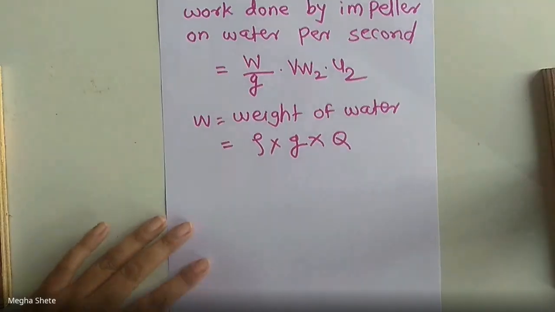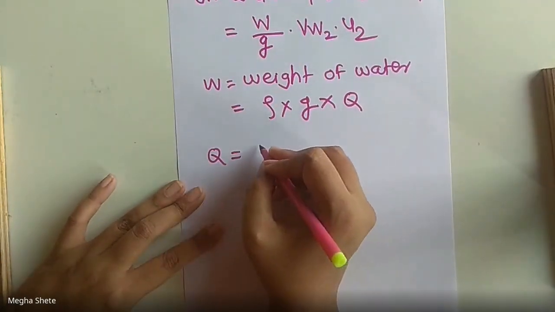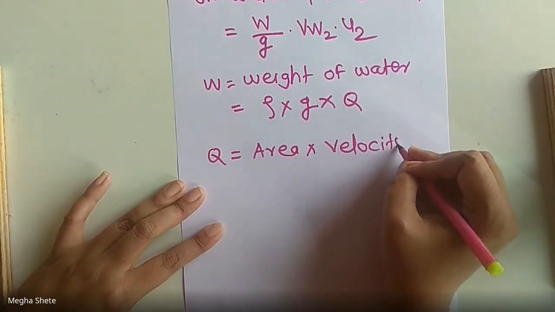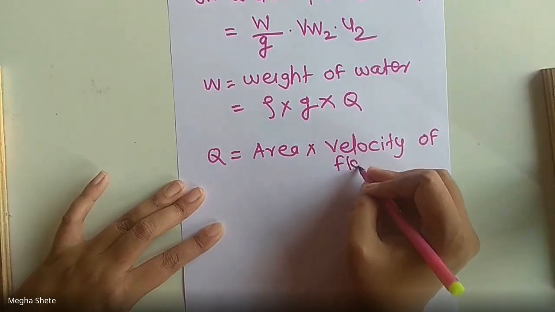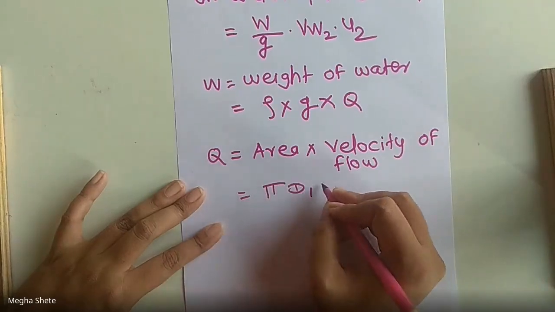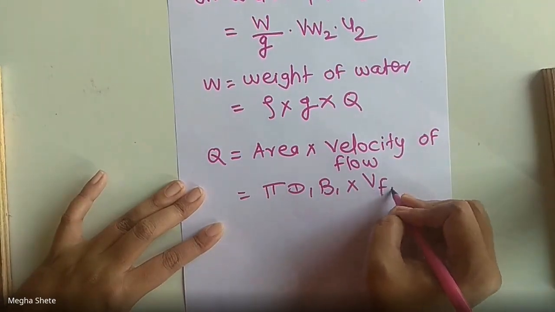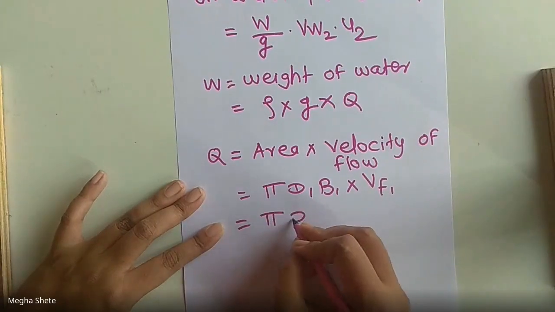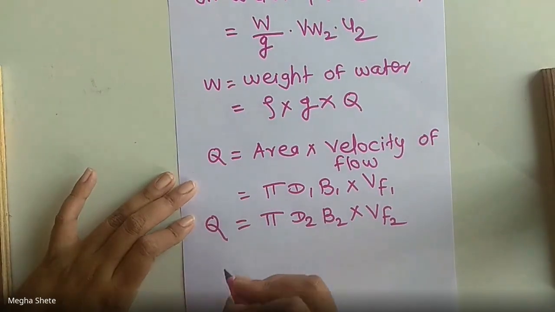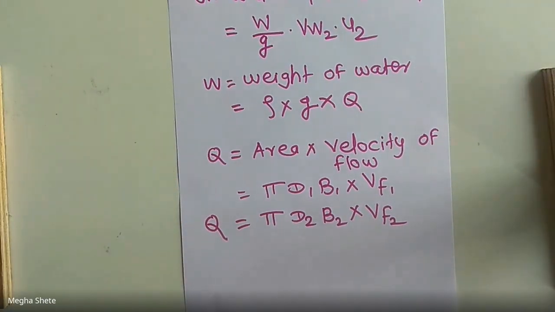The formula for Q is equal to area into velocity of flow, that is equal to pi D1 B1 into Vf1, that is equal to pi D2 B2 into Vf2, where B1 and B2 are the width of the impeller at the inlet and the outlet, Vf1 and Vf2 are the velocities of flow at the inlet and the outlet.